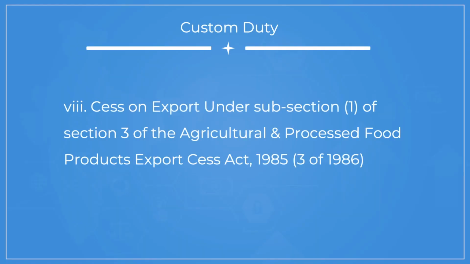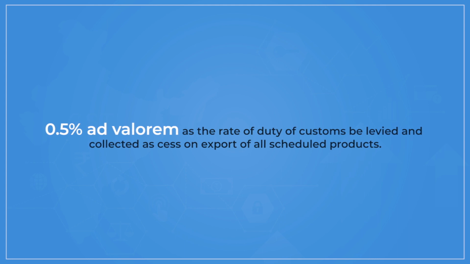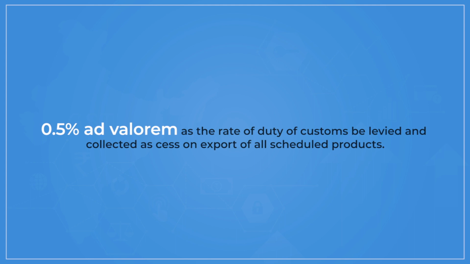Under subsection 1 of section 3 of the Agricultural and Processed Food Products Export Cess Act 1985, 3 of 1986, 0.5% ad valorem as the rate of duty of customs is levied and collected as cess on export of all scheduled products.